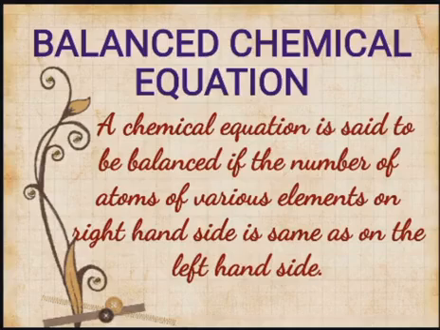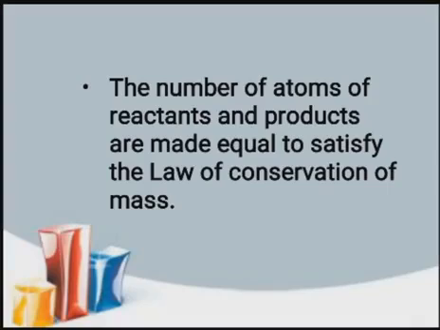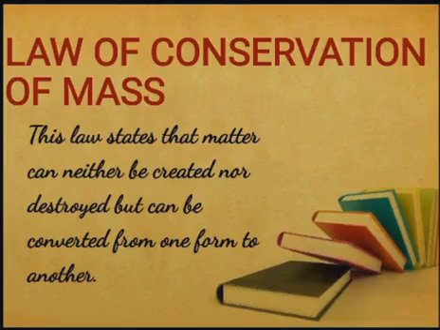Now the question arises: why does a chemical equation need to be balanced? It needs to be balanced to satisfy the law of conservation of mass, which states that matter can neither be created nor destroyed.